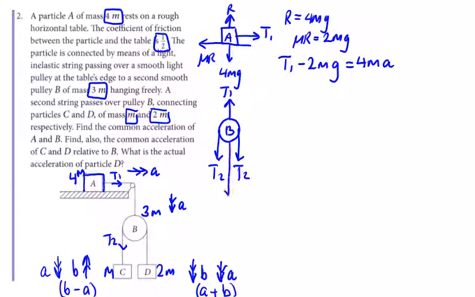And we have its weight 3m, so we have 3mg going down, and it's going down with acceleration of A. So for B we have 2T2 plus 3mg minus T1 is equal to 3ma.